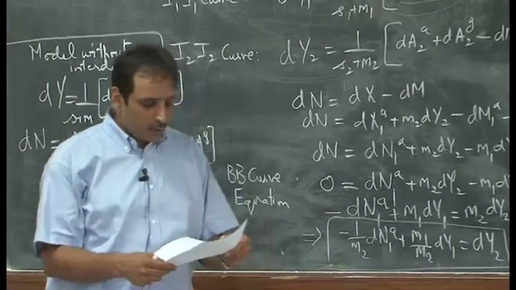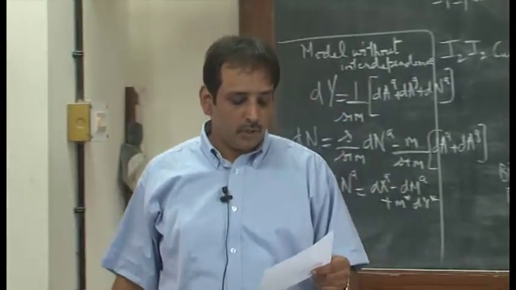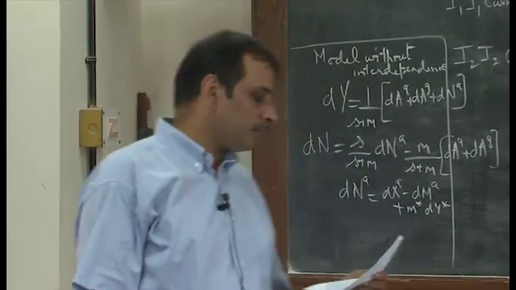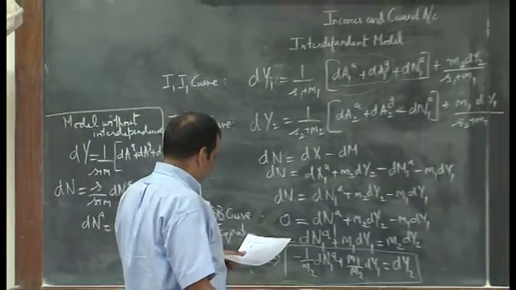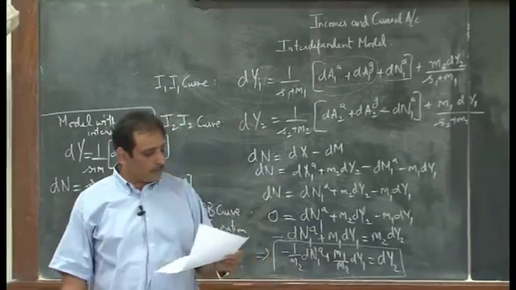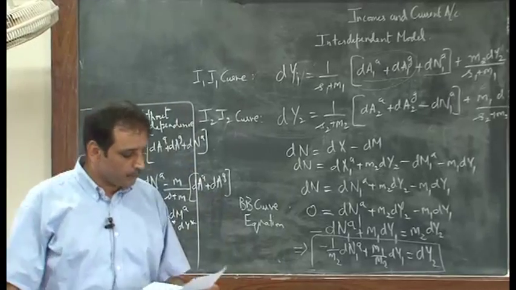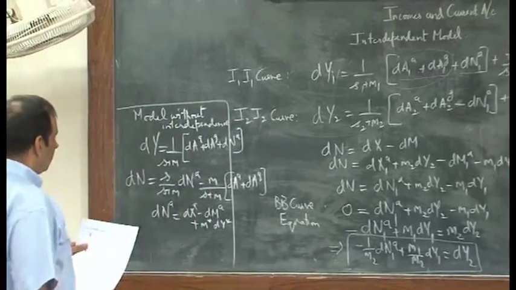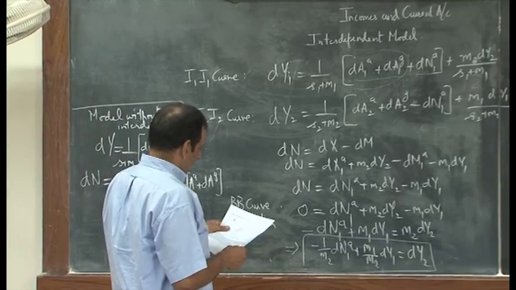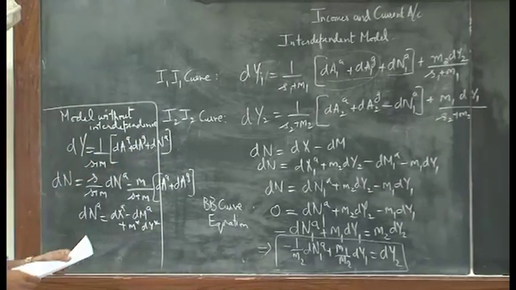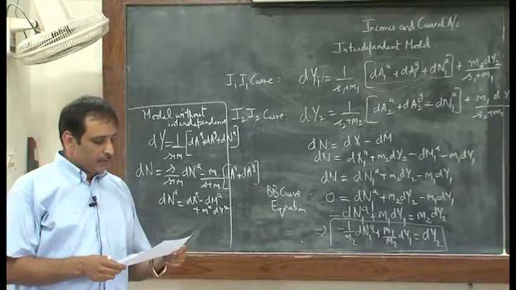So here at Q dash, if it is below the BB curve, you would see a current account deficit at Q dash.